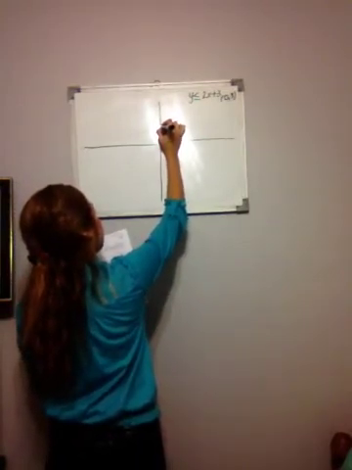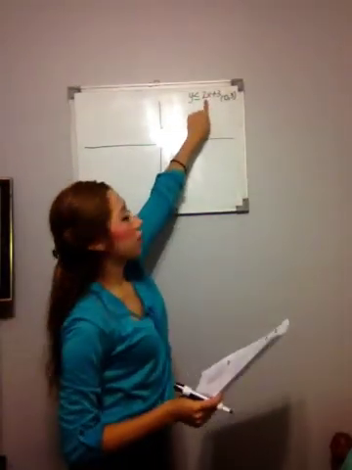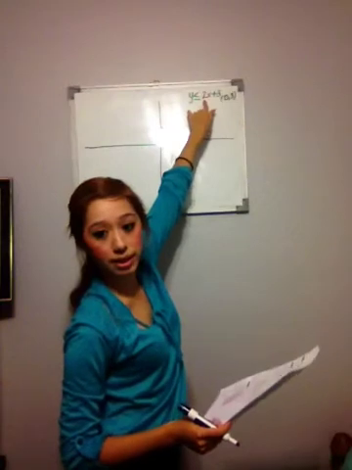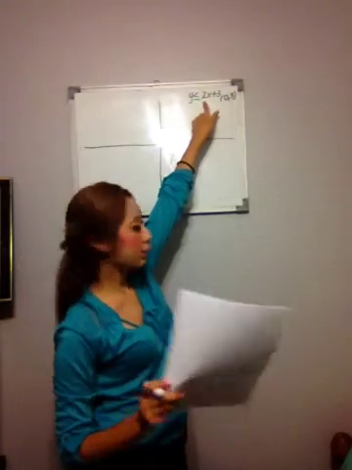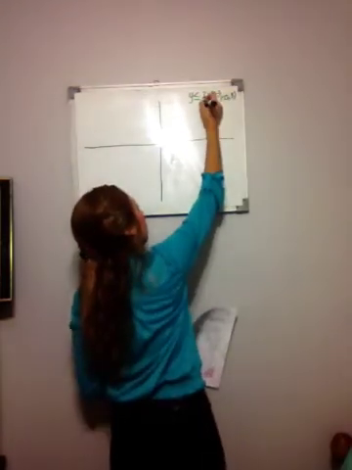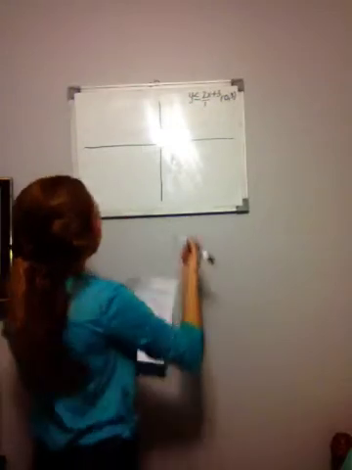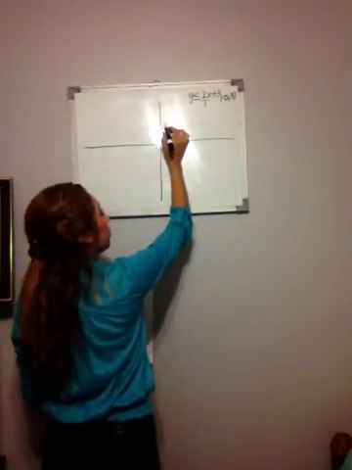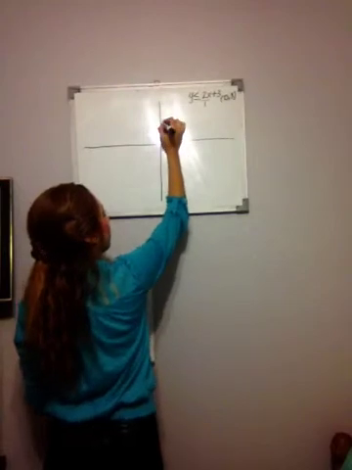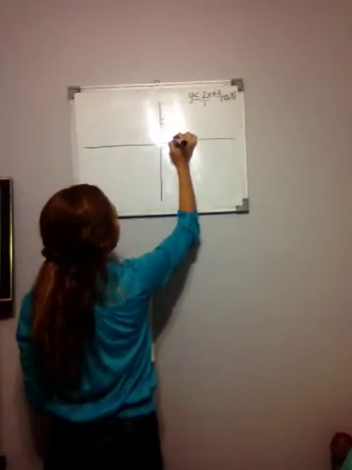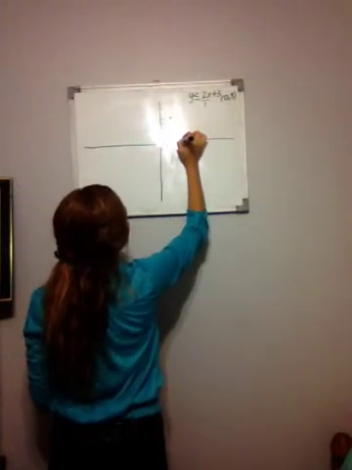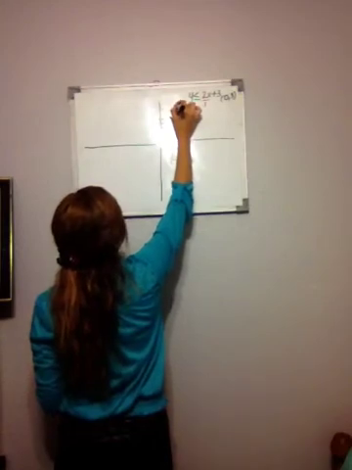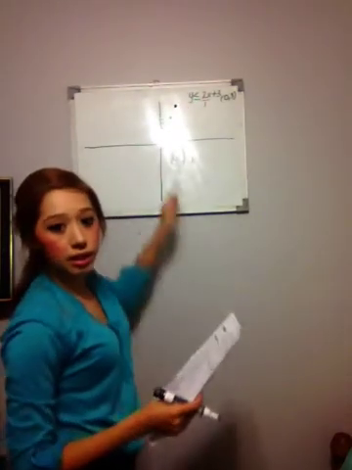That's your first point. To get your next point, you look at the number with the x. You have a 2. To make this into a fraction, what must you do? Correct? You must put it over 1. So it's 2 over 1. So you go up 2 and 1 to the right. Up 2, 1 to the right, that's your point. Up 2, 1 to the right, that's your next point. And you can now make a line with that.